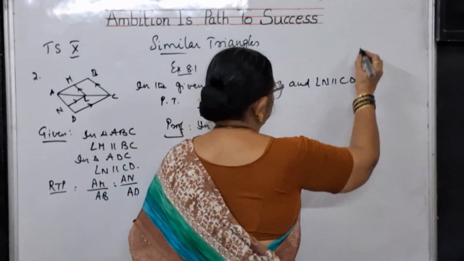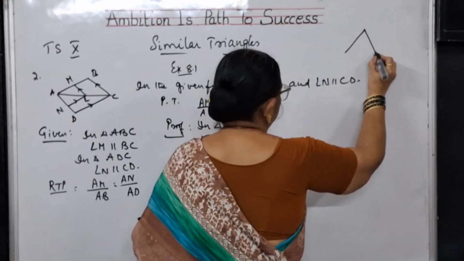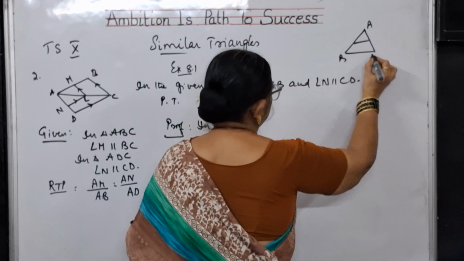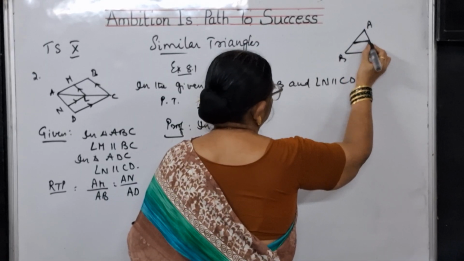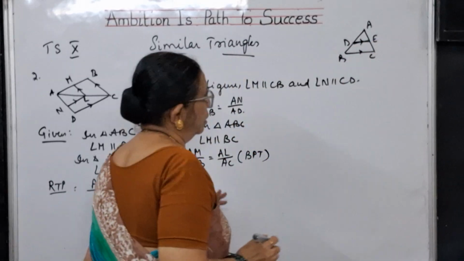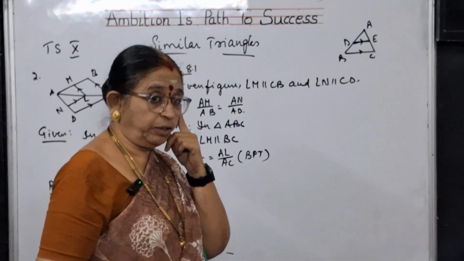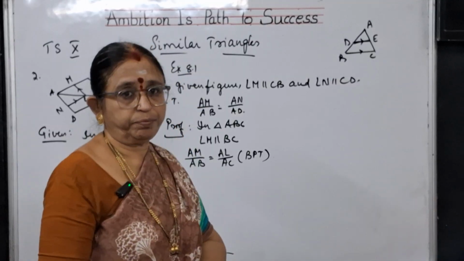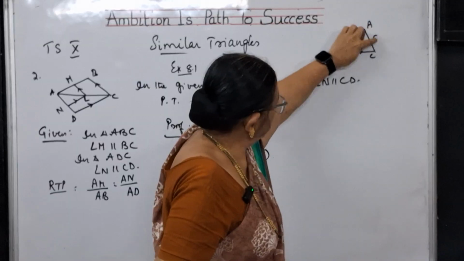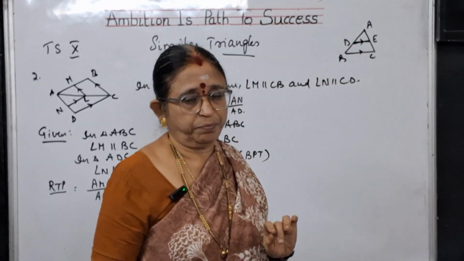Let me draw a triangle and explain. If it is A, B, C and DE parallel to BC, actually in your theorem, you have learnt that AD by DB is equal to AE by EC.